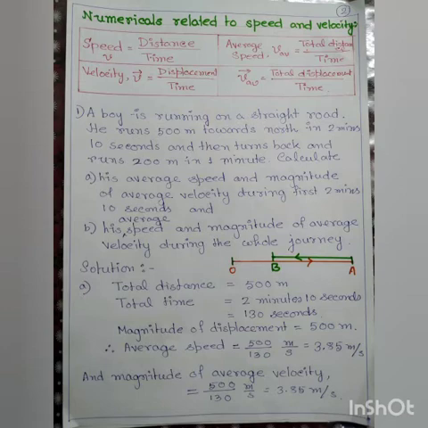Here let us consider the boy started from the point O, and during the first 2 minutes and 10 seconds he reaches point A. So for the first part of the numerical, we will consider the total distance traveled by the boy is OA, that is 500 meter, and therefore total distance is 500 meter here, and total time is 2 minutes 10 seconds.